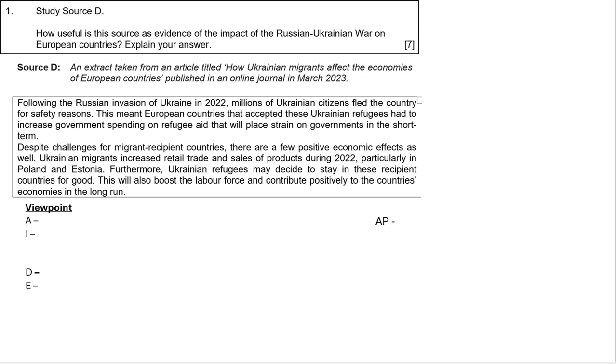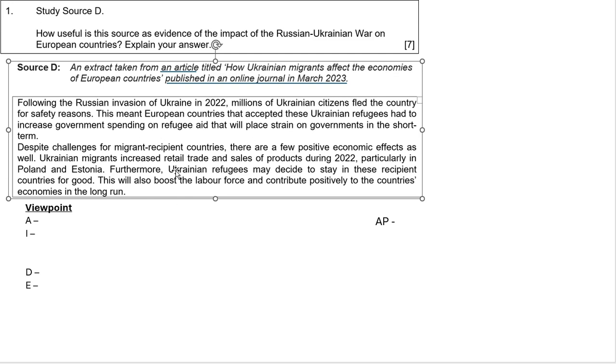In this case, if you look at the source itself, the description, it says that it is an article published in an online journal. Okay, so actually it is not very rich, the provenance. So I can't really use purpose, so I'll use viewpoint here.